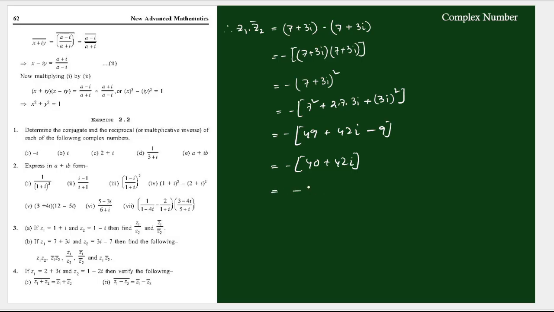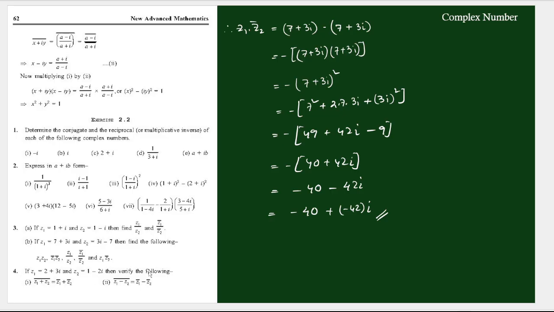So now it will be minus 40 minus 42i, and if you want to write it in the a plus ib form, this is our answer. So this is your question number 3. 3 is completed.